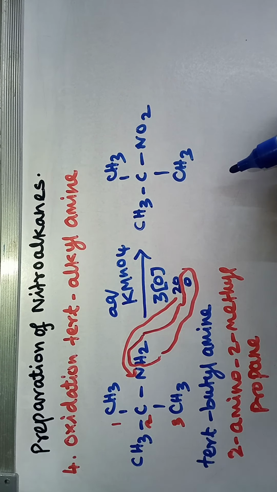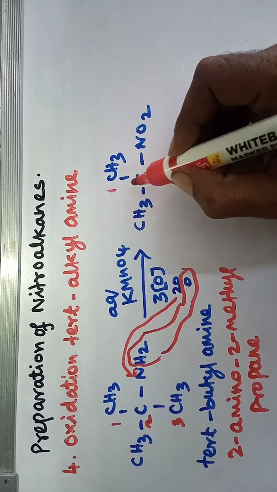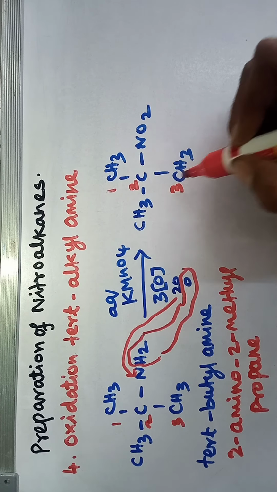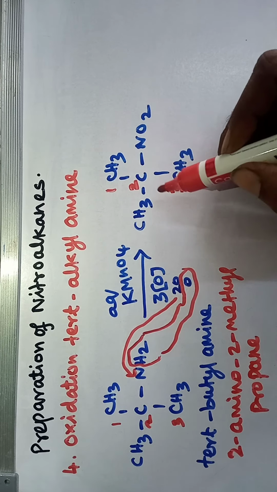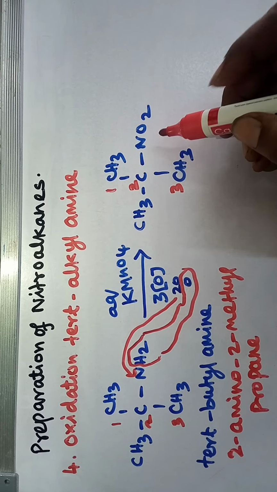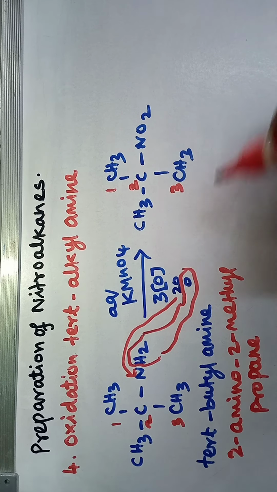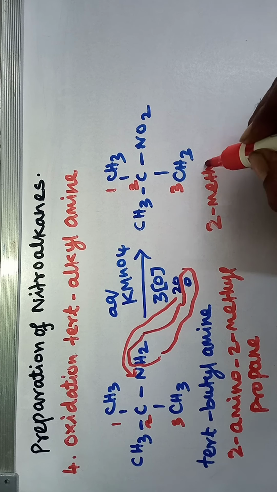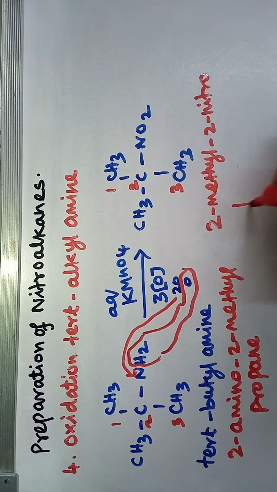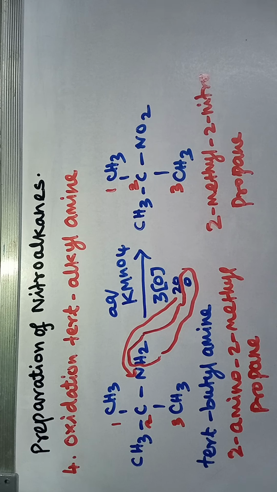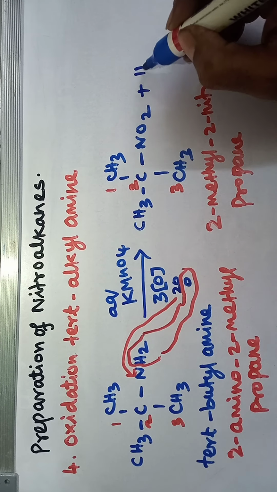Or we can give the IUPAC name: 1, 2, 3. This is the longest carbon chain, in which in the second carbon one methyl group and one nitro group are present. So we can say 2 methyl 2 nitro propane, with the elimination of water molecules.